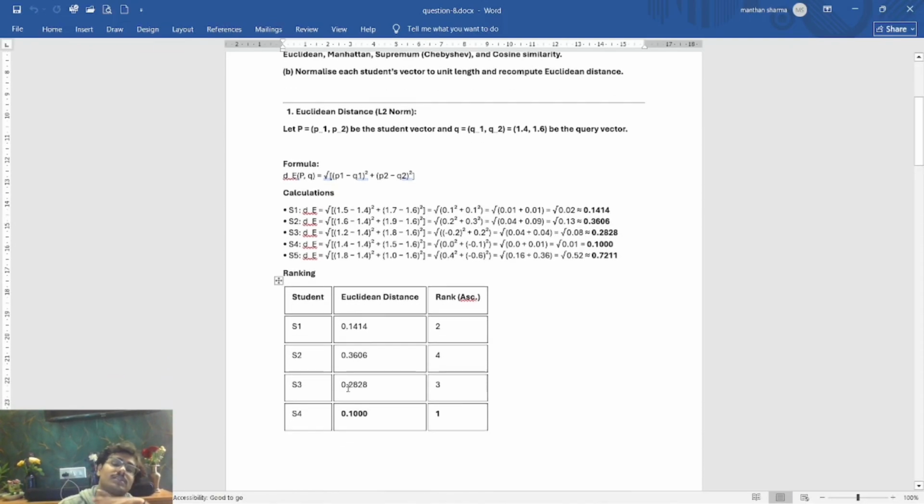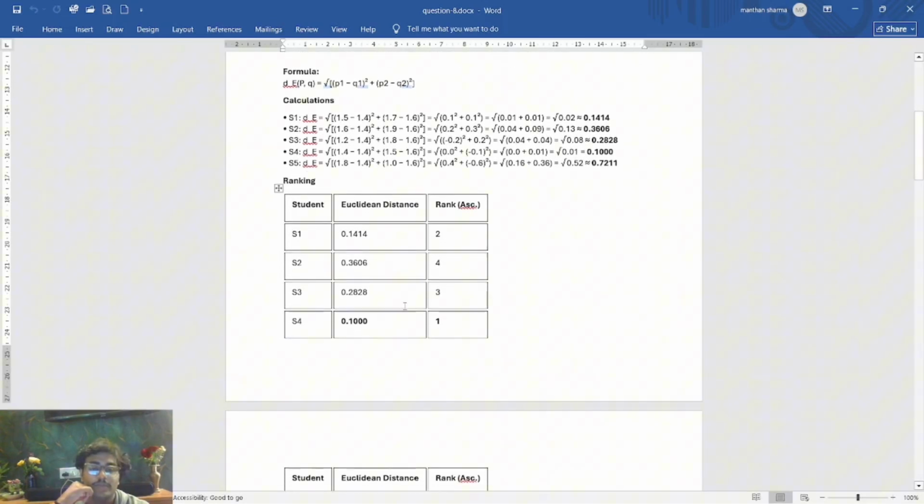As we know, we take the minimum value and rank accordingly. So 0.100 will be 1, then 0.1414 will be 2, 0.2828 will be 3, and 0.3603 equal to 4.